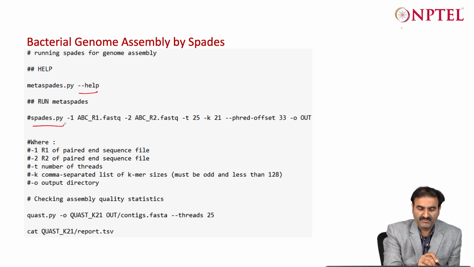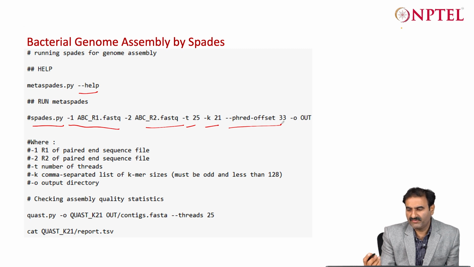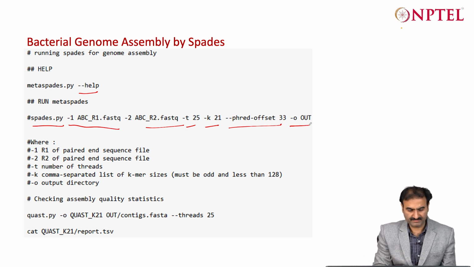Otherwise you can say spades.py, which is for the bacterial genome, and this is for the metagenomes, right? So -1 is the forward file, you have done paired-end sequencing in this case. So forward file, reverse file, R1 R2, okay, total number of threads, k-mer if you want to define something, or you can do iterations and select different numbers of k-mers. What should be the phred offset? Generally 33 is preferred, because you want to use high quality reads for this, and the output folder name, right?